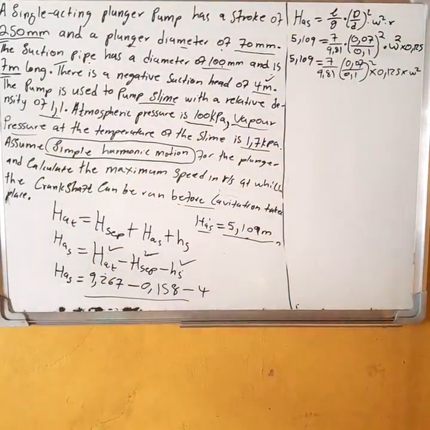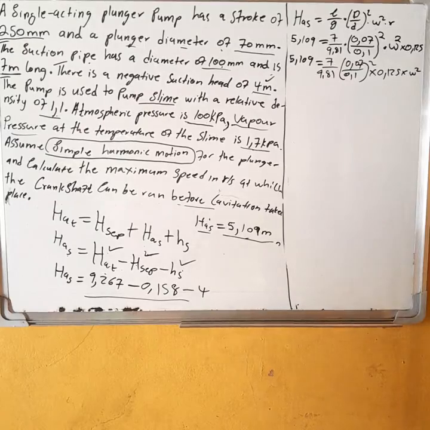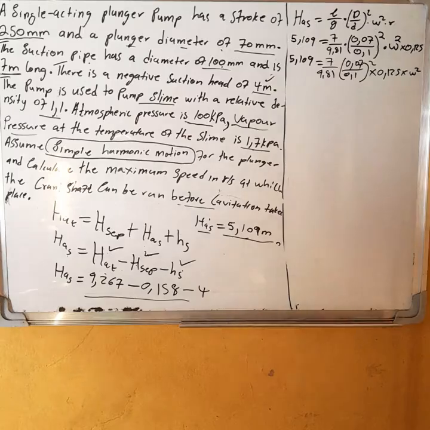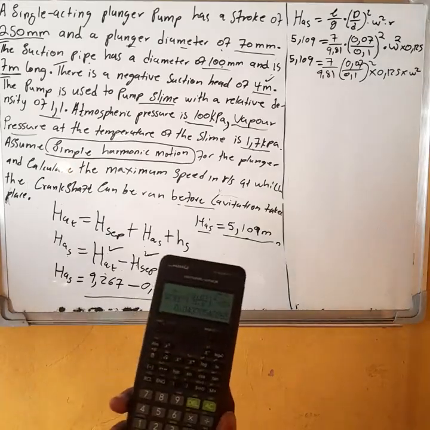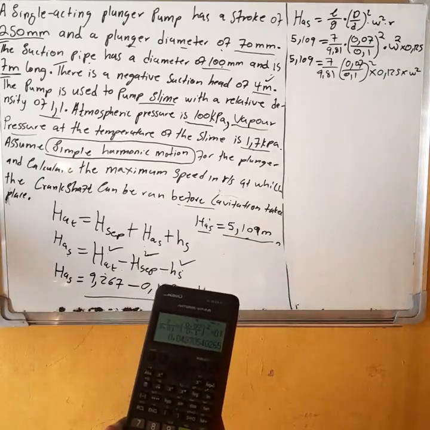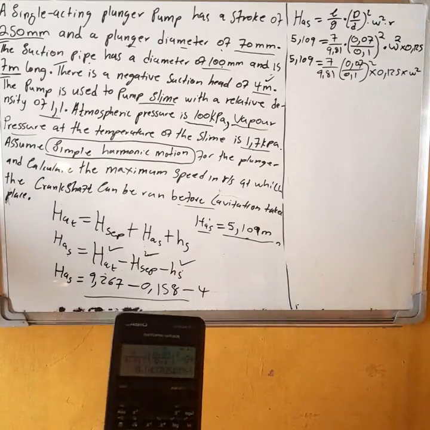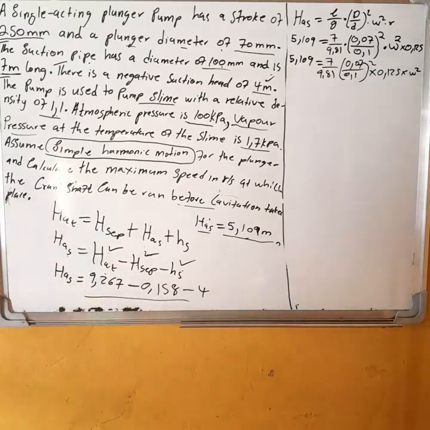Let me do it: 7 divided by 9.81, multiplied by 0.07 over 0.1, then square that, and multiply all of these by 0.125. This is what I got, I don't know what you got. It is 0.043705, multiplied by omega squared.